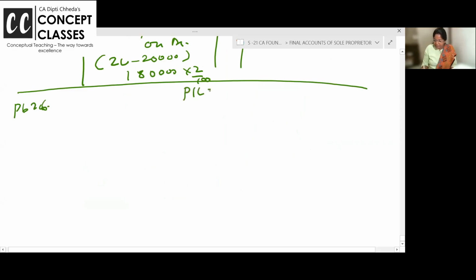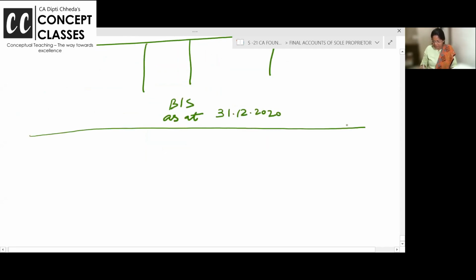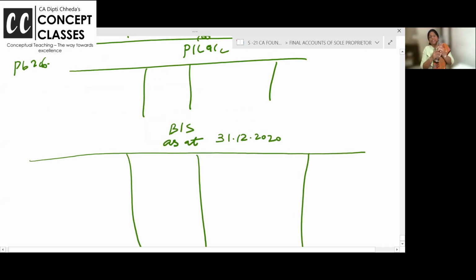We'll just prepare the P&L account. In fact, I call it as P&L adjustment account. Just 2-3 lines because already net profit is given ready to you. And after this, we will prepare balance sheet as at 31/12/2020. Format banao, please.